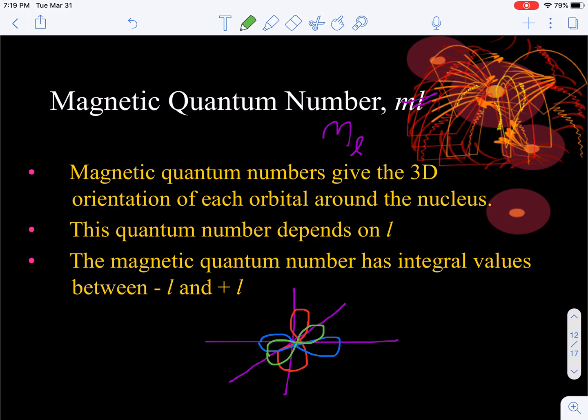The shape is the same every time. It's kind of this infinity symbol, peanut-shaped thing that I'm not drawing very well at the moment. Let me redraw that, in fact. But you have these 2 equal lobes, and it's this area where you might find electrons. So if you orient that in 3 different orientations in space, then that's where you get your 3 different values for m sub l. Again, I'll write these out in a minute.